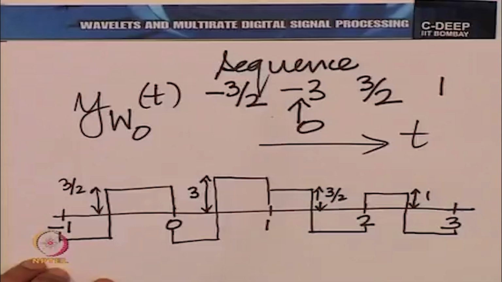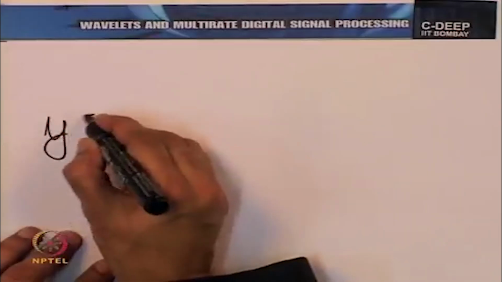So, yesterday we noted that if we put down the sequence y n, let us now put it down in the language of discrete time processing.